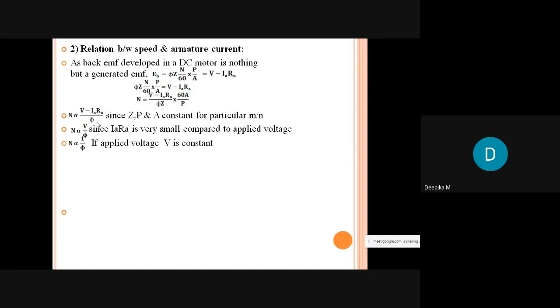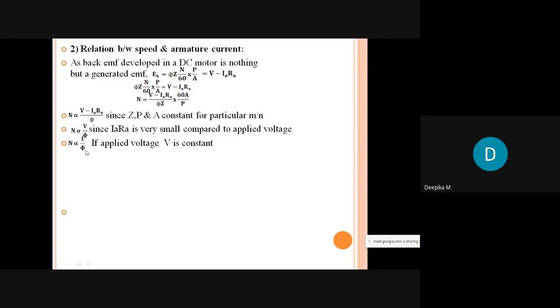N is inversely proportional to the flux, if the supplied voltage is constant. So speed is inversely proportional to the flux. Again, flux is directly proportional to the armature current, so instead of flux, I can write I_a also, correct?